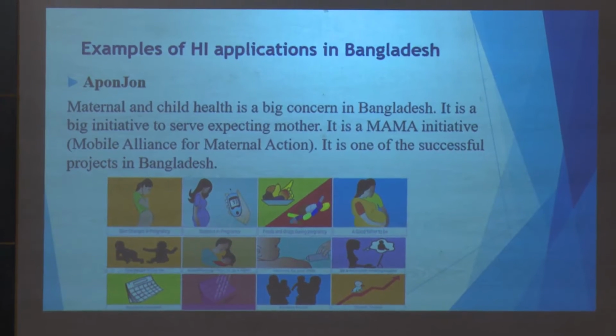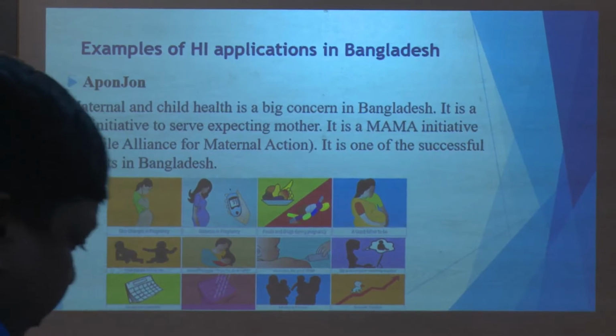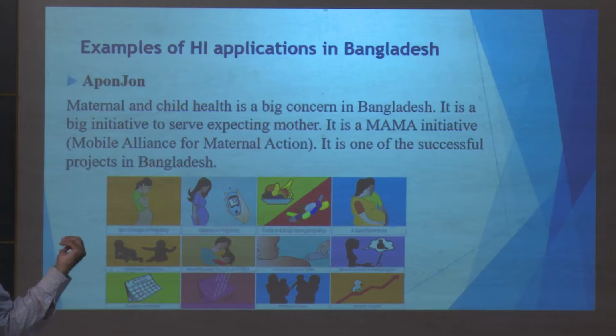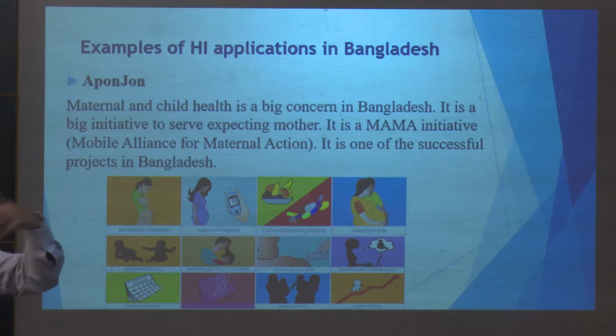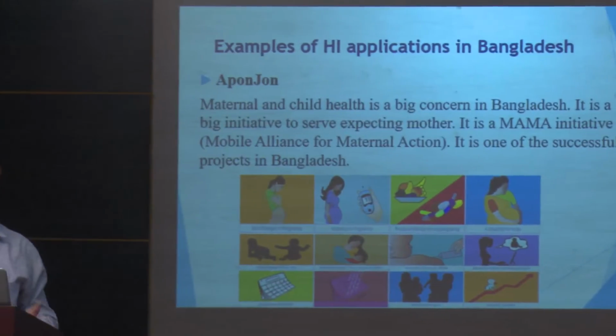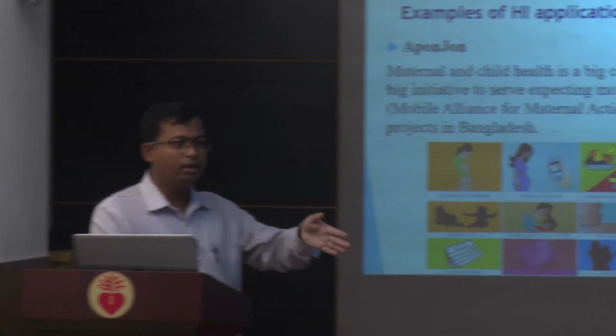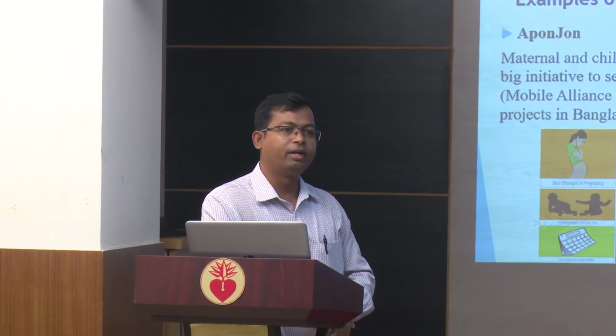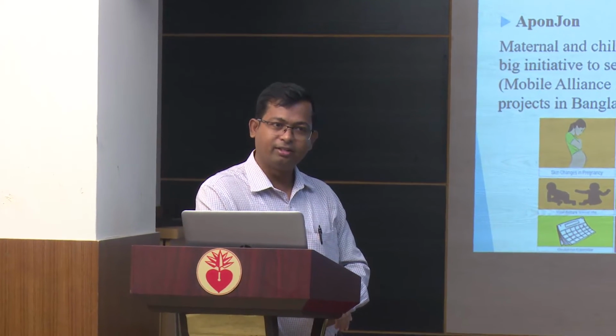As a health informatician, you can come up with some ideas, right? You can also design apps like MyAppa and Aponjon. For example, dengue. How to prevent dengue? You can develop an app to make people aware, so they can avoid different types of threats.